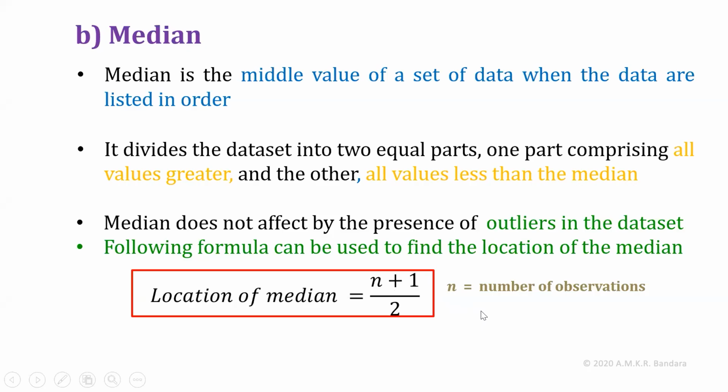So the median of this data set will be at the 5.5th location of the ordered data set. The median is the middle of the data set, and we can find its location using n plus 1 divided by 2.